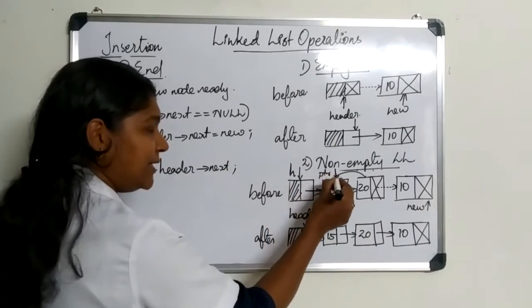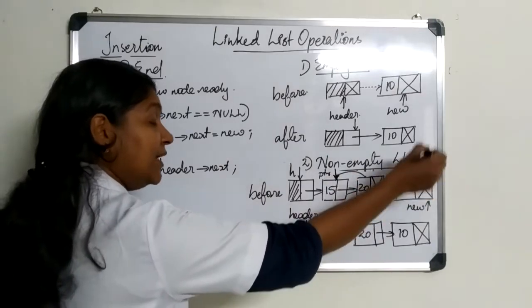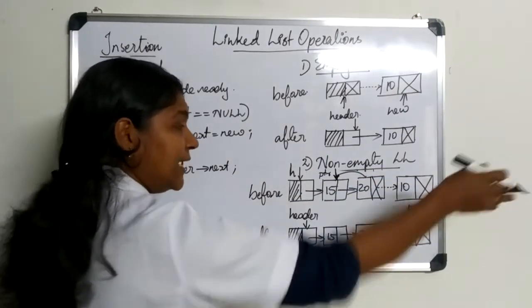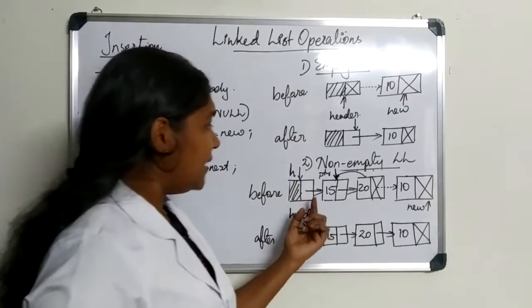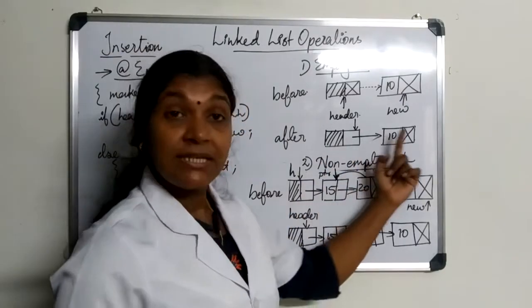So PTR is equal to header.next. We need PTR to point to this node. Then we need to traverse till the last node. Suppose there are 10 nodes, then we need to start the traversal from the first node and reach the last node.